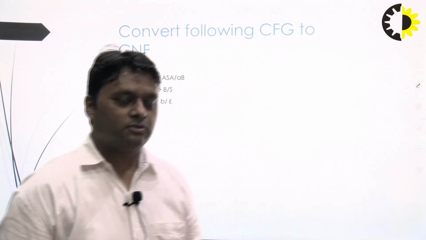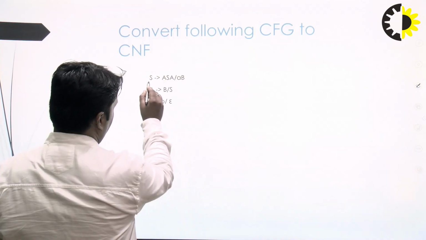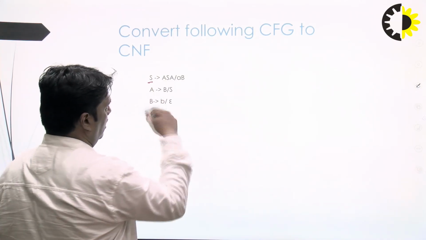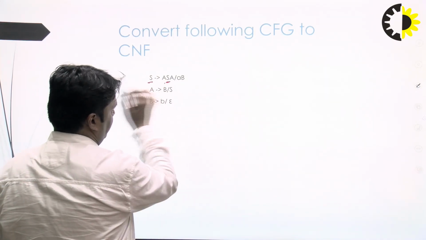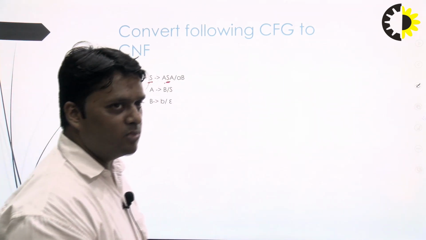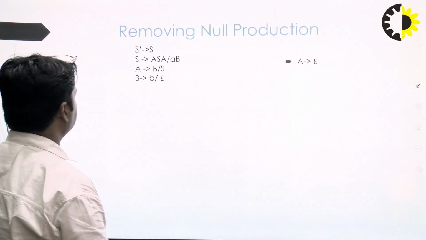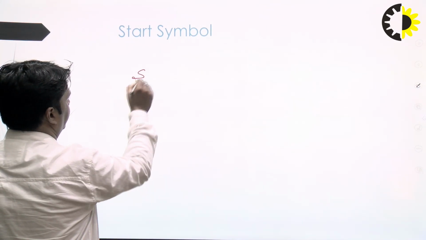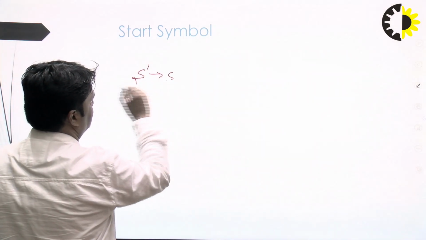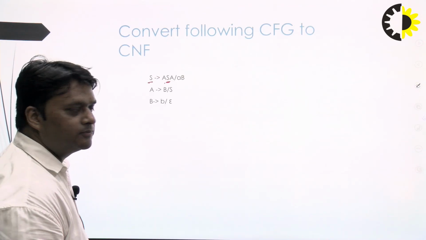The first step says that if the start symbol S occurs on the right hand side, then we have to put a new symbol in respect of S. So S dash implies S, and the remaining grammar as it is.